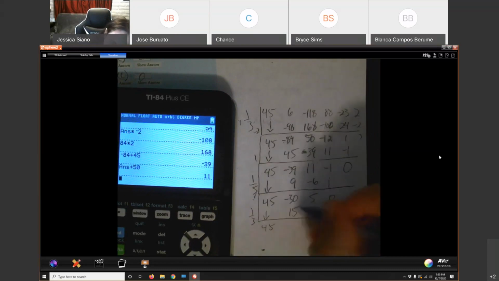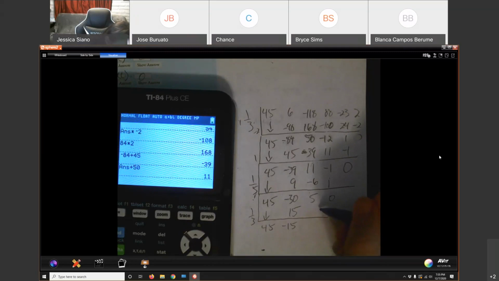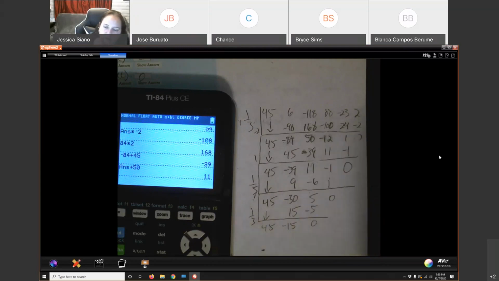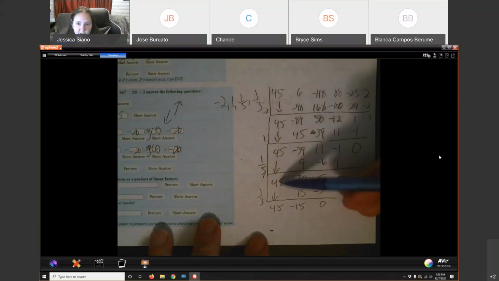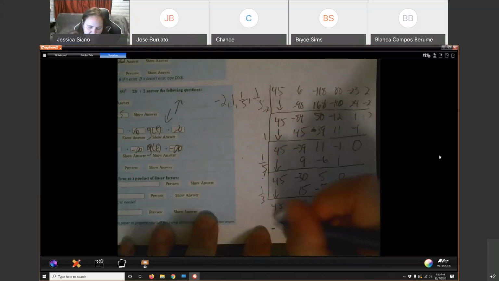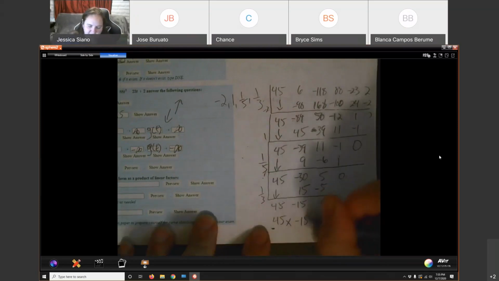Times 1/3 is 15. Negative 15 times 1/3 is 5. Negative 5. So then if this was to the 5th, this would be 4, 3, 2, 1. So what I've got here is 45x minus 15 equals 0.